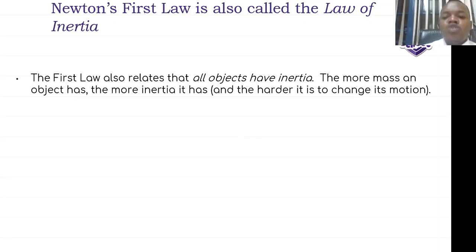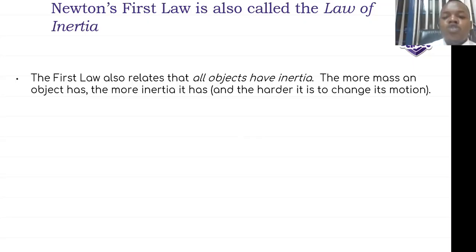But if the object was bigger, and you try to apply the same force that you applied on a smaller box, you will see that it will be very difficult for that particular object to move. Why? Because the object has a bigger mass.